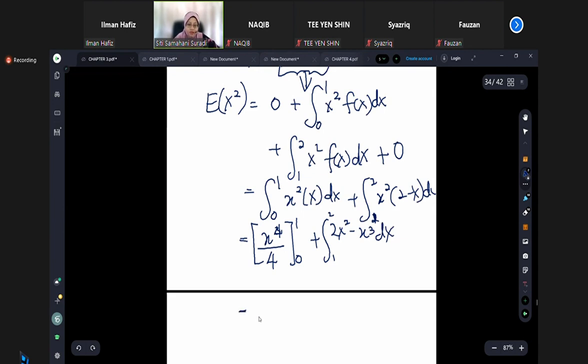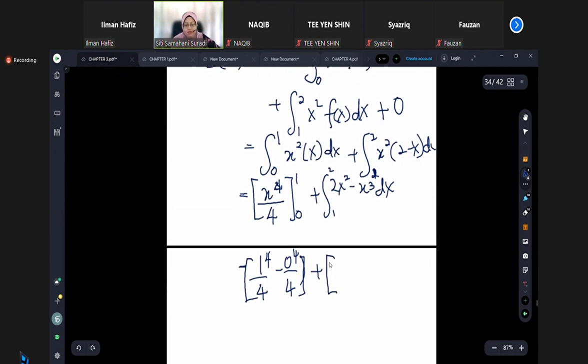So this one is 1 to the power of 4 divided by 4 minus 0 to the power of 4 divided by 4. Okay, this one is done. Plus the integration of 2x to the power of 3 divided by 3 minus x to the power of 4 divided by 4, from 1 to 2.